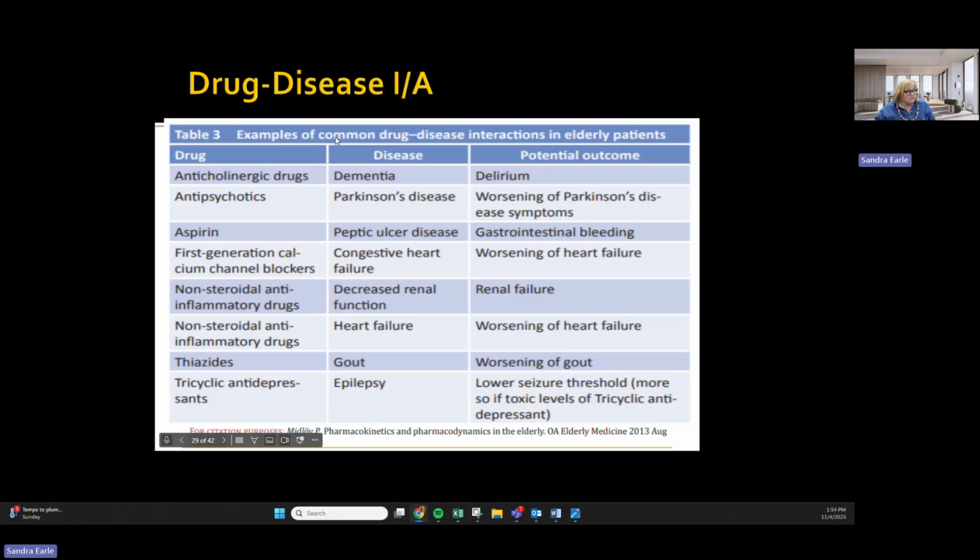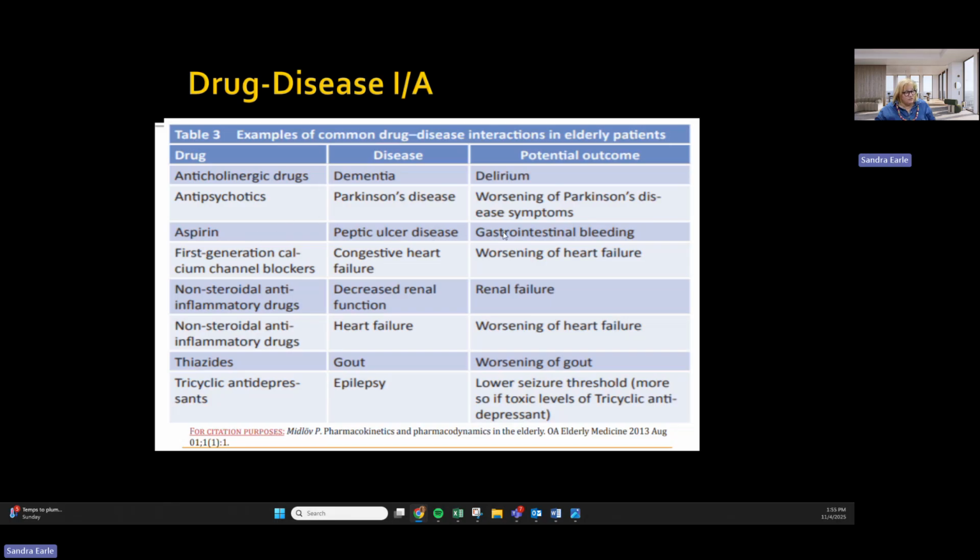Drug-disease interactions. Anticholinergic drugs in patients with dementia equals delirium. Avoid drugs that have anticholinergic side effects if you can in the elderly, because you may enhance their delirium. Antipsychotics in Parkinson's. If you give antipsychotics to patients with Parkinson's disease, you may see a worsening of their symptoms.